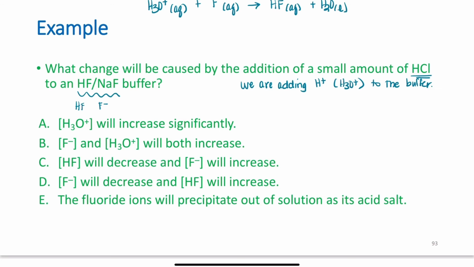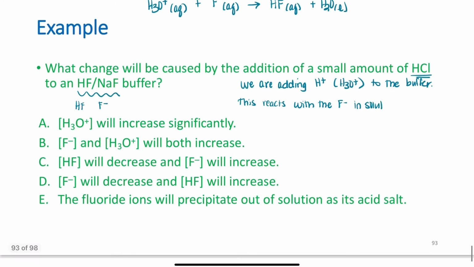This reacts with the fluoride in solution. Remember, fluoride is your conjugate base, the conjugate base of a weak acid.